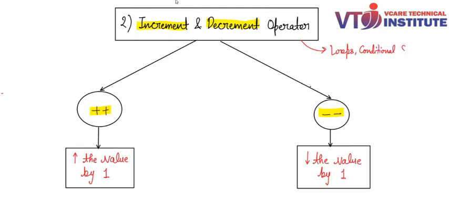Plus plus means it increases the value by 1. Minus minus means it decreases the value by 1. Now let's make a program on the increment and decrement operator.